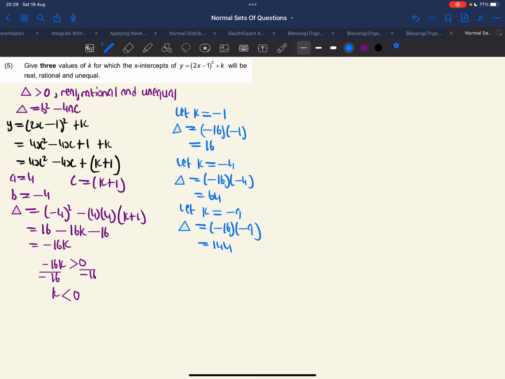You could have gone on and on to try finding other ones, but they just wanted you to find three of them. So we have k equal to -1, k equal to -4, or k equal to -9. Now, another one you could have tried is possibly -1/4.